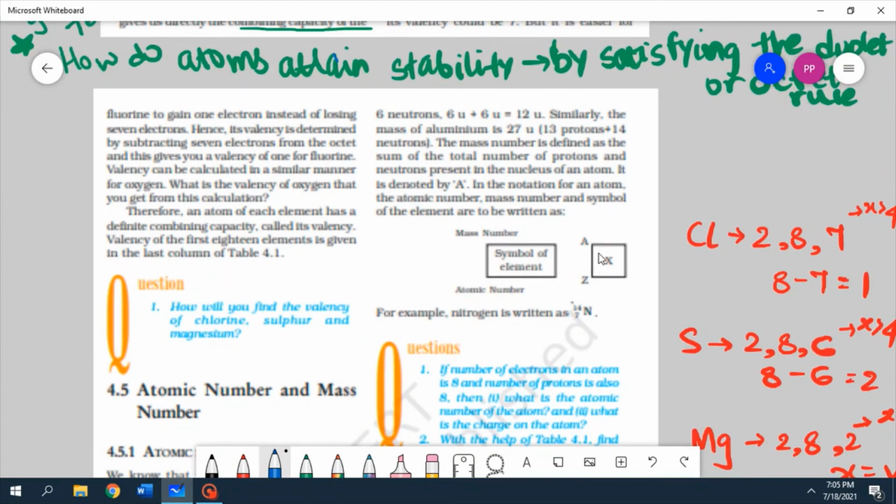Let's say an element X has an atomic number Z and a mass number A. Alright, this is how it is represented, with the mass number on top, atomic number below: the mass number is a superscript and the atomic number is a subscript, and the element is written normally. So for example, nitrogen is written as N with 7 as subscript and 14 as superscript, because this is the atomic number and this is the mass number. Alright, and we have two questions.